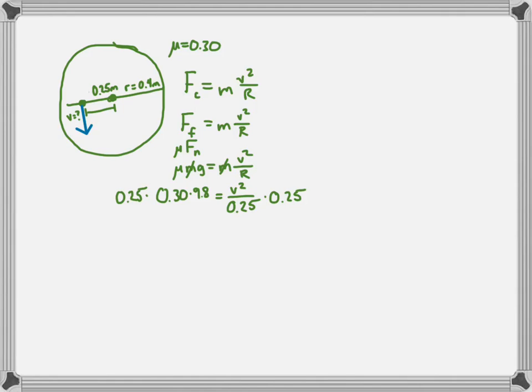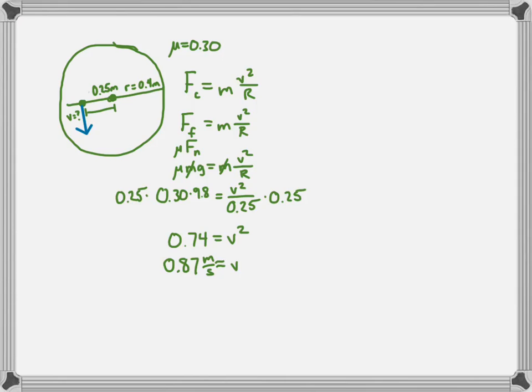And when I do that, it looks like I'm going to get something close to 0.75 on this side. It might be 0.74 or so. Again, I'm doing some mental math in here. And if I take the square root of v squared, I get a number, if I remember right, approximately equal to 0.87 meters per second, somewhere around there.